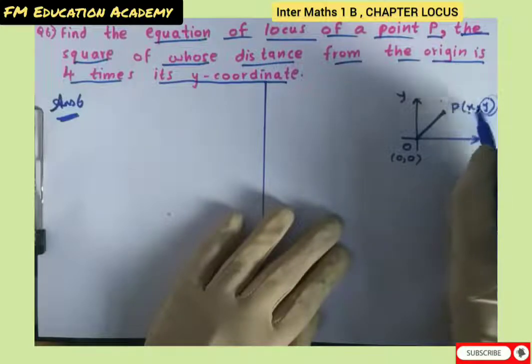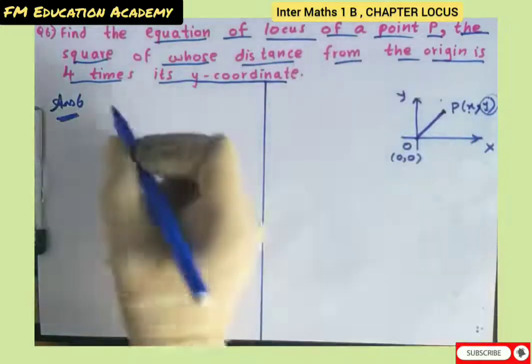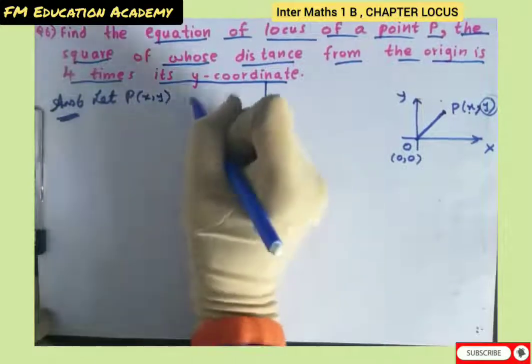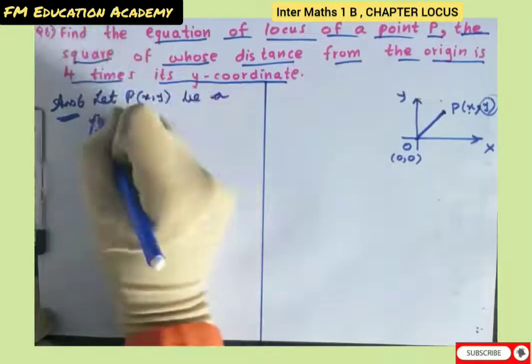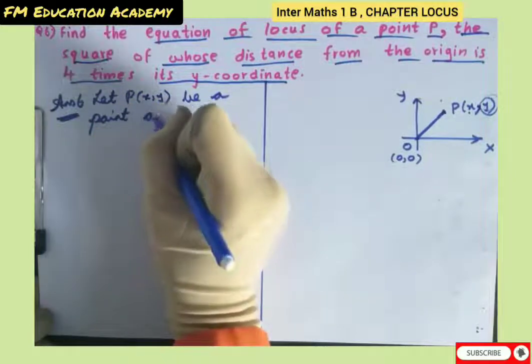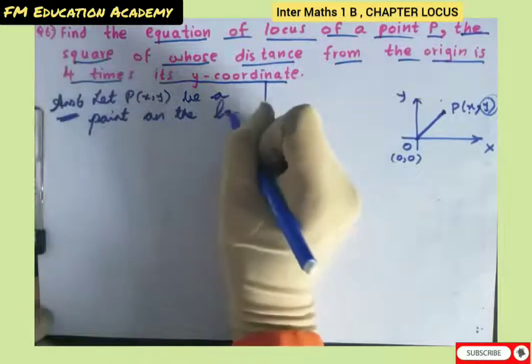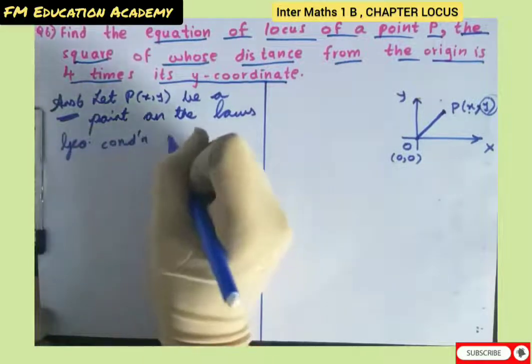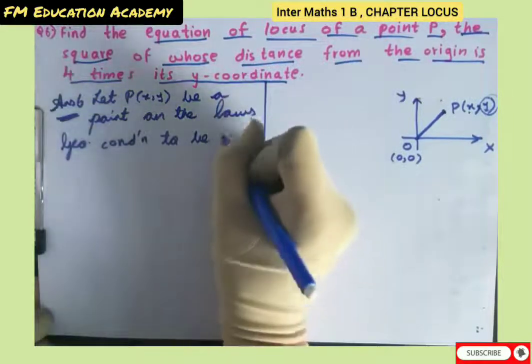We know this is known as x coordinate, this is known as y coordinate. So first we will assume let P x, y be a point on the locus.